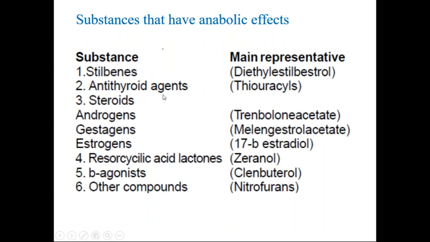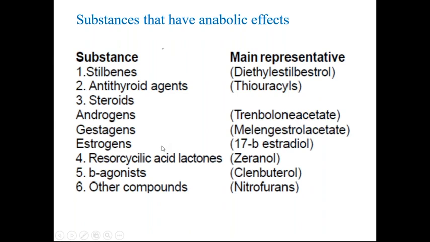The antithyroid agents such as thiouracil are used to prevent or inhibit the formation of the thyroid hormone thyroxine, because thyroxine is involved in the basic metabolic rate. It increases the basic metabolic rate.